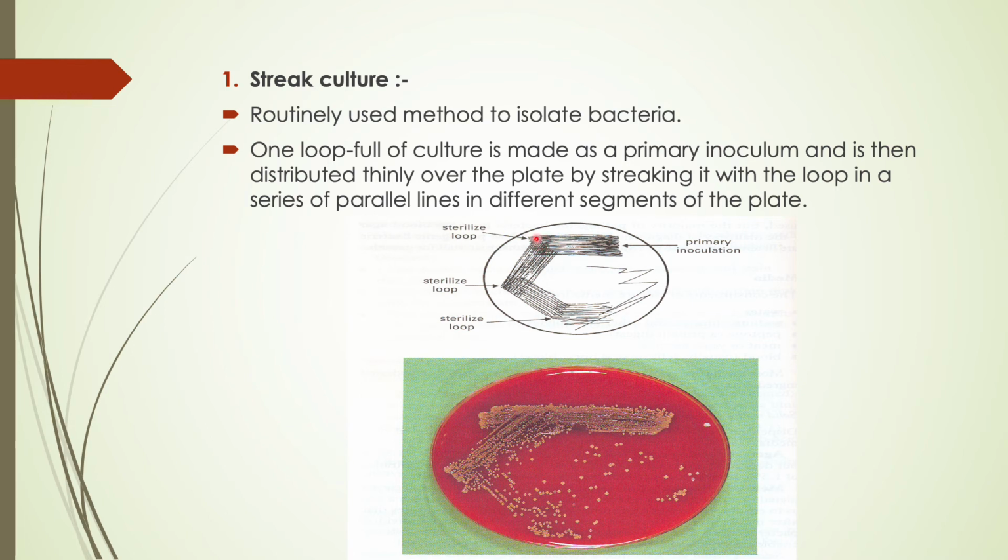While reaching this point, you have to sterilize your loop, and then you have to take one colony from this line and distribute it to that line. So we have to sterilize the loop, spread it to this point, sterilize the loop, spread it to this point, sterilize the loop again, and then after that you have to make this zigzag.